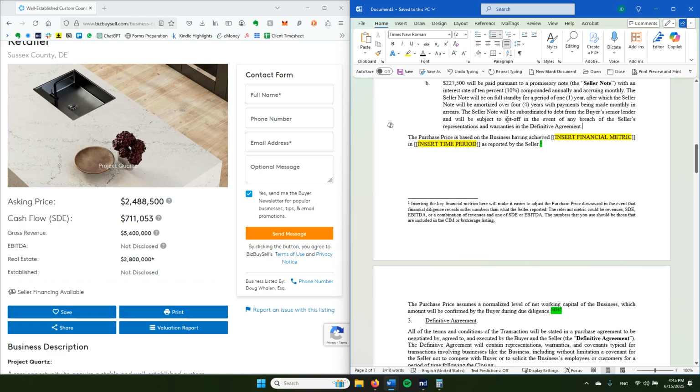All right, and so purchase price is based on the business having achieved, and here we're just going to copy, seller discretionary earnings of 711.53. We're just using exactly the numbers, and I think it's probably 2024, but we don't know that.